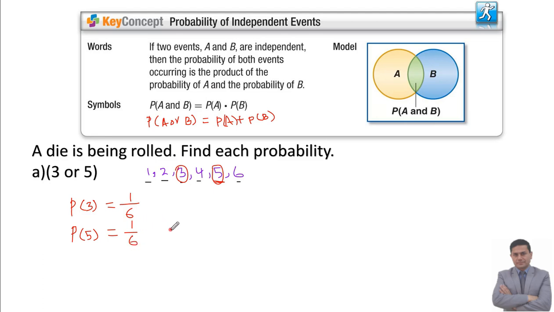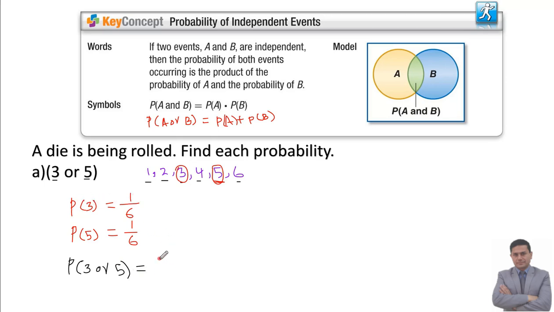They are not dependent on each other. Now we have to find the total probability, which is probability of 3 or 5.